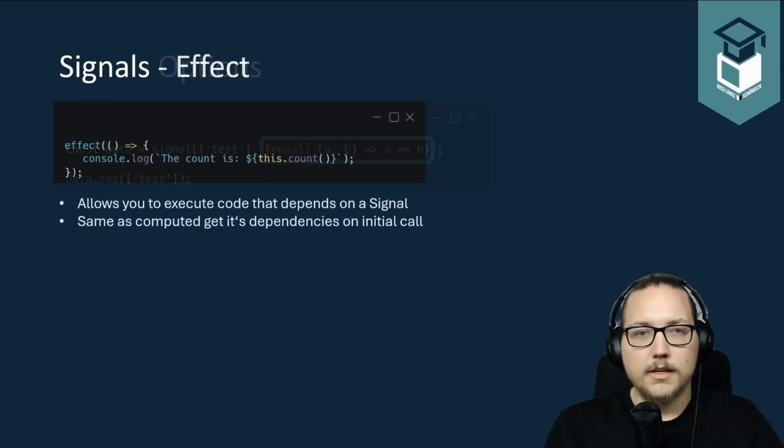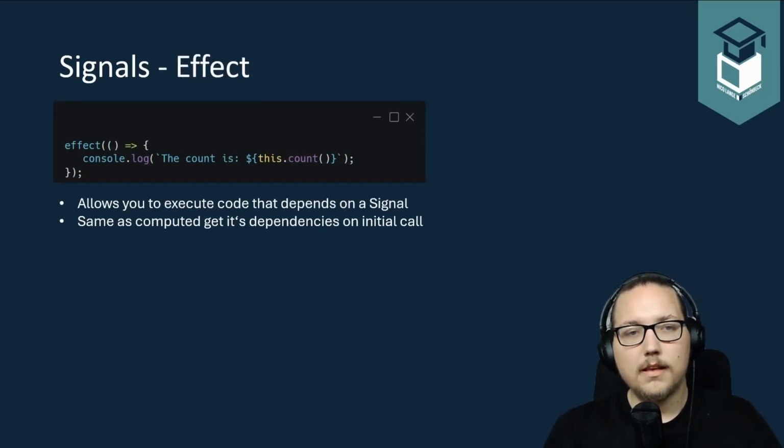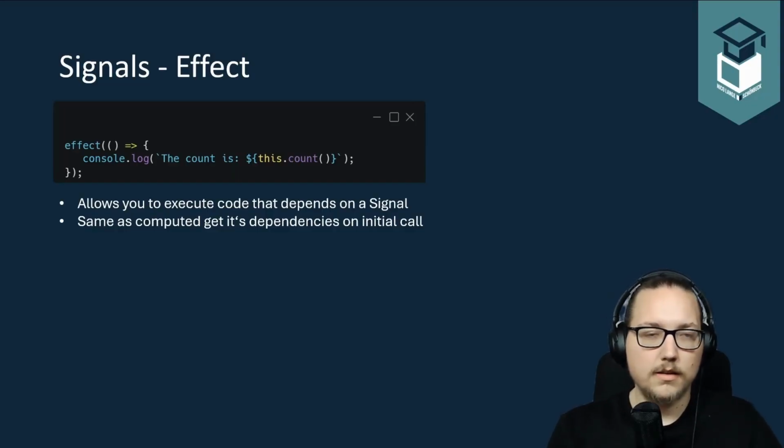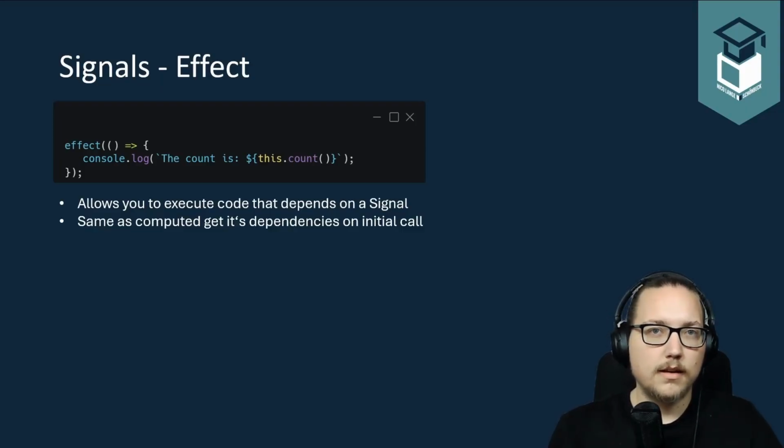Okay, let us quickly go over the effect. I have not covered it until now. The effect is a definition you can use now that allows you to make some functionality that gets called when signals that are used inside of the effect change.